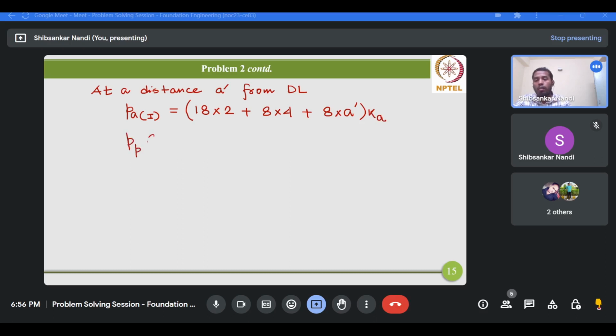And Pp for region 2 you can get simply as 8 multiplied by A prime multiplied by Kp.